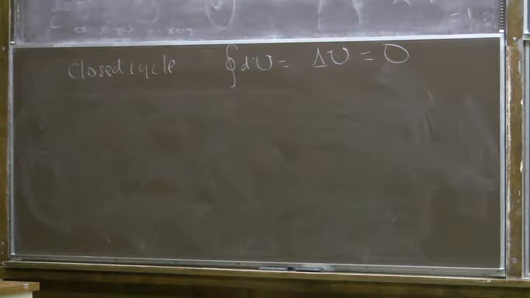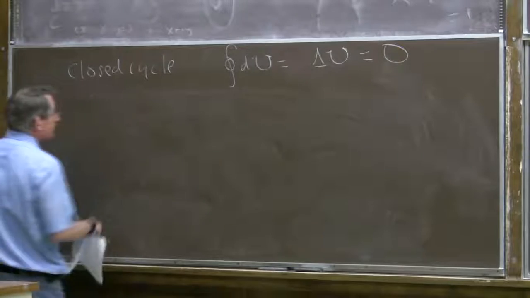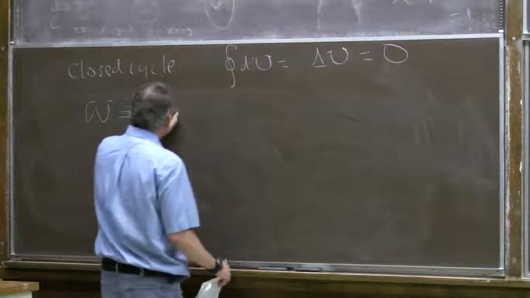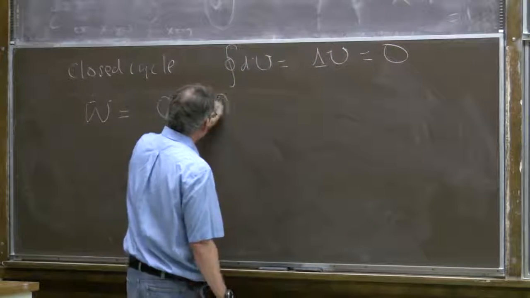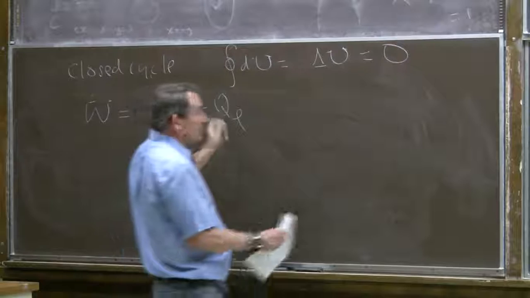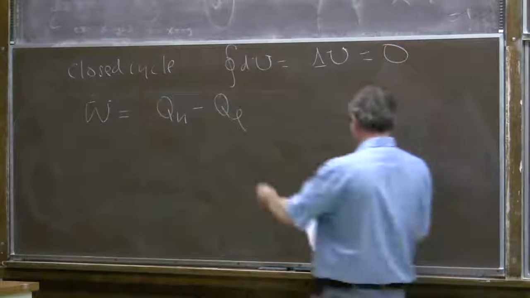And that means, from the first law, conservation of energy, that there's a match between work done and net heat extracted. So work done by the system, W, is heat taken in from the high temperature reservoir minus heat expelled. But I can write that in terms of delta sigma using the expressions for QH and QL.